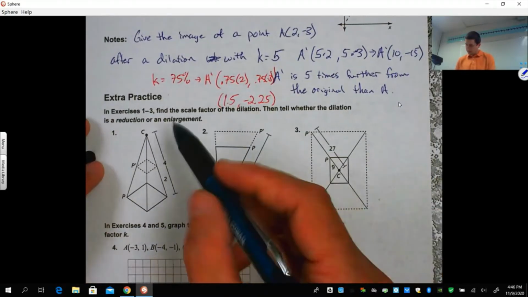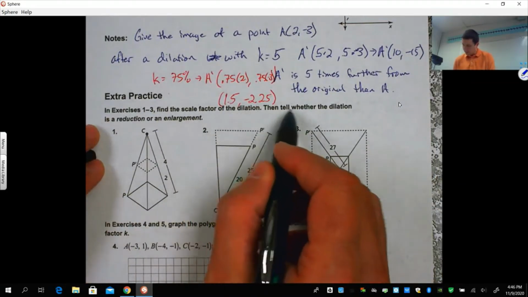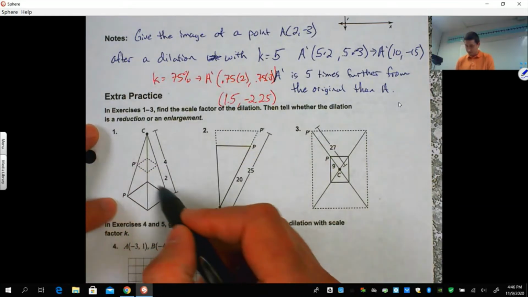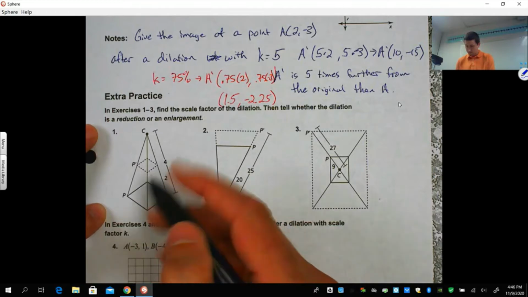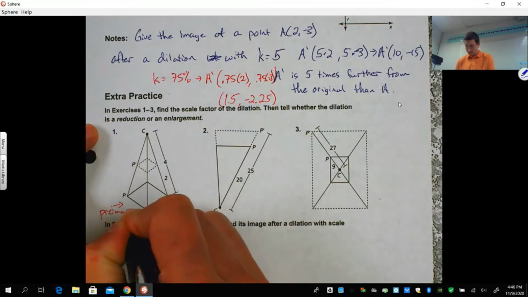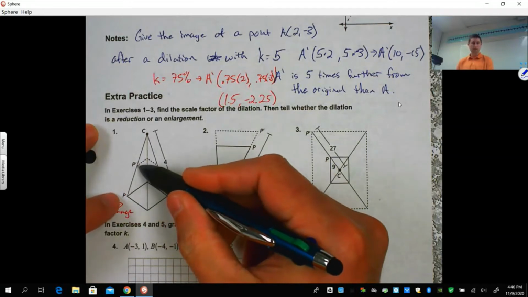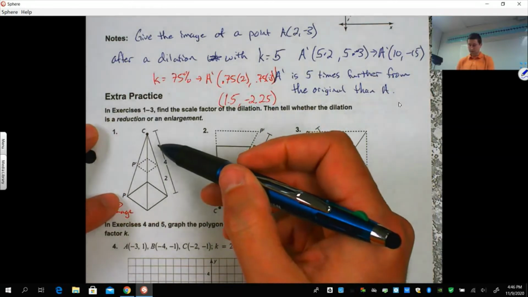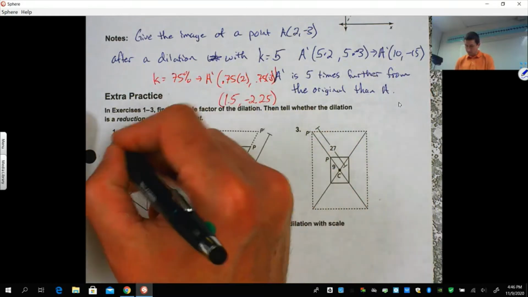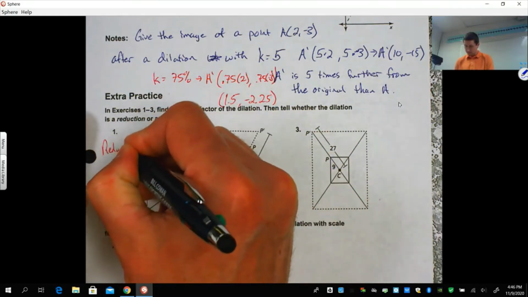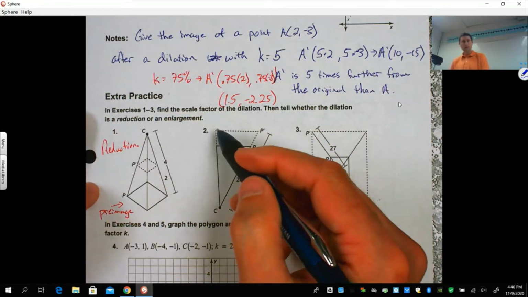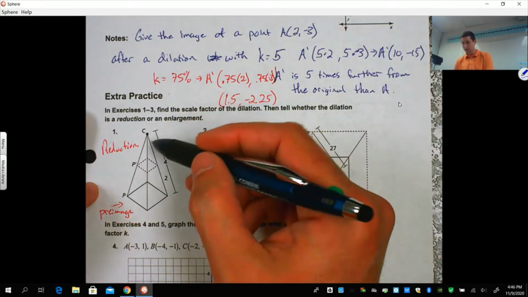In the practice, find the scale factor of the dilation, and tell whether the dilation is a reduction or an enlargement. So first, find your original. Okay, here's P. That makes that the pre-image. And notice it's getting smaller. Okay, so here's a pre-image. We know this is a reduction because it's getting smaller. To find the scale factor, remember you need the ratio for the image.